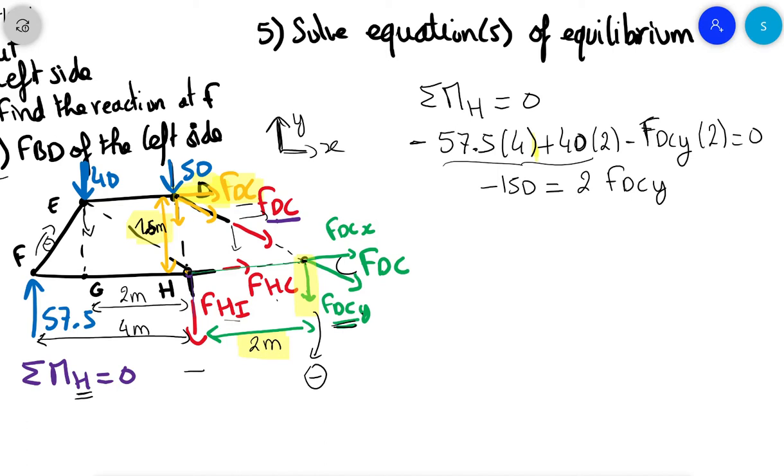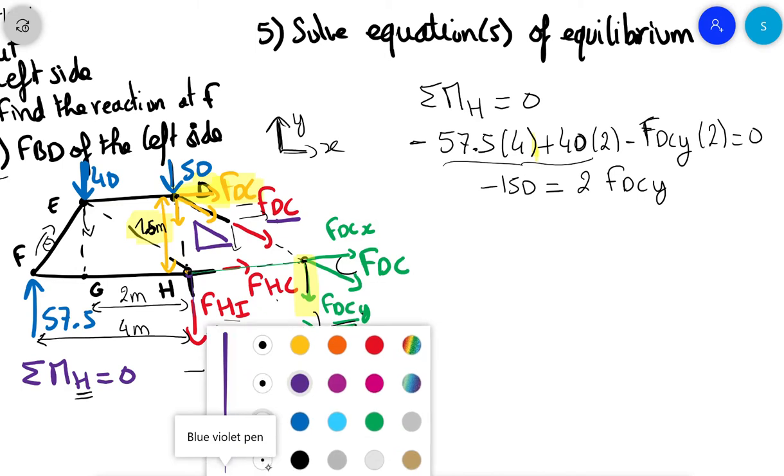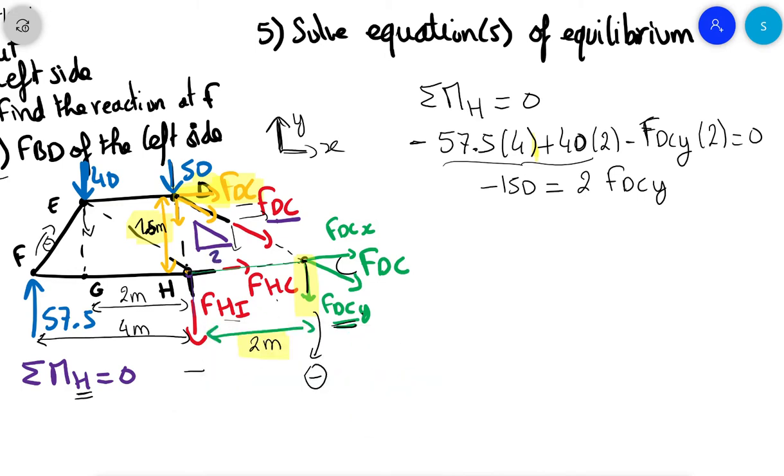FDCY is this vertical component. These triangles are 2, 1.5, so that's the same thing as the 3, 4, 5 triangles. 1.5, 2, 2.5, or you can use 3, 4, 5 triangles.